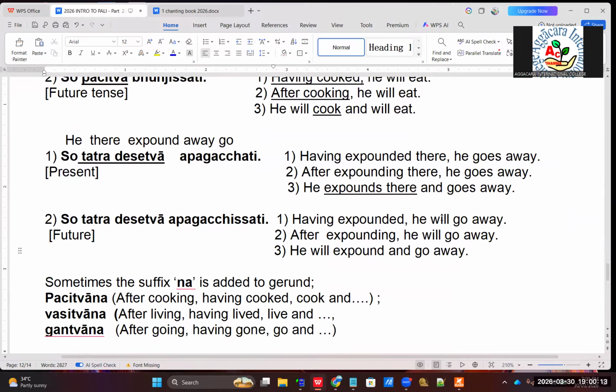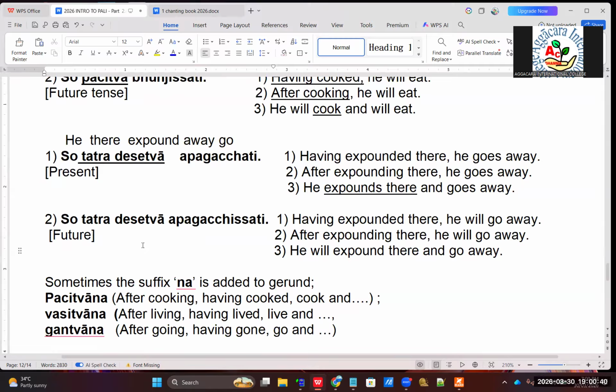So, change it: he will go away. After expounding there, same sentence, he will go away. Having expounded there, he will go away, or after expounding there, he will go away, or he will expound there and go away. All right.